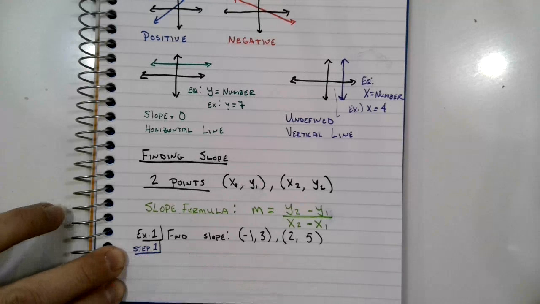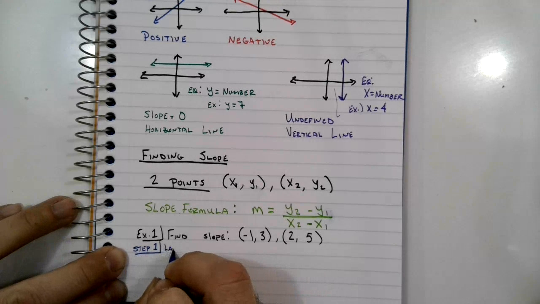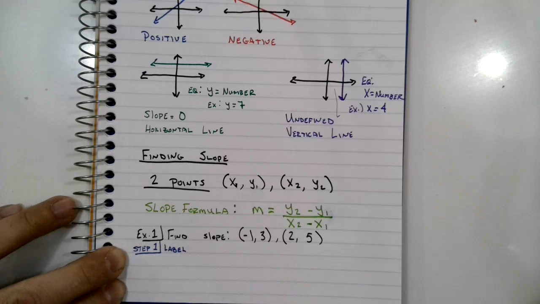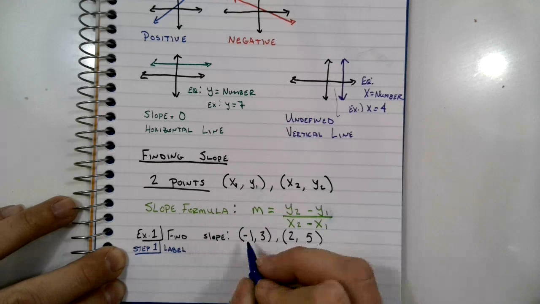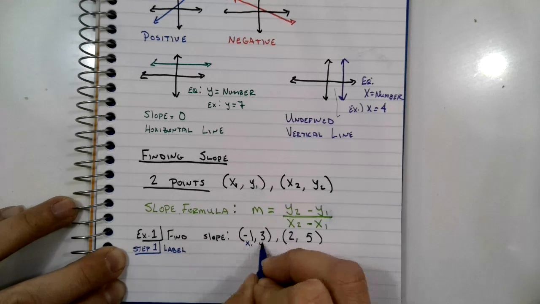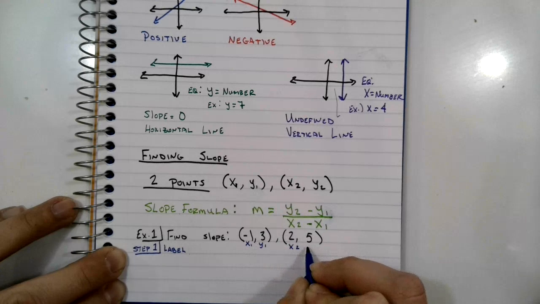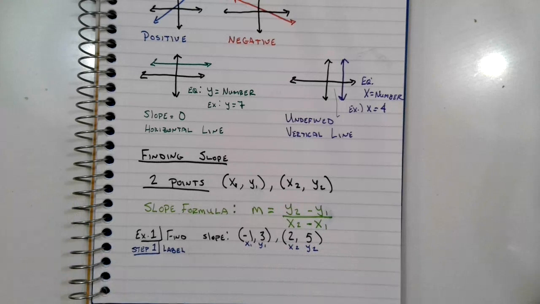I always say do this step because it makes it easier on a lot of people. Label. So when I label, I'm going to label just like I did up here. I'm going to take this point. I'll say x1, y1, x2, y2. Why would I label? I label because it shows me this is x1, this goes here. This is y1, this goes here.